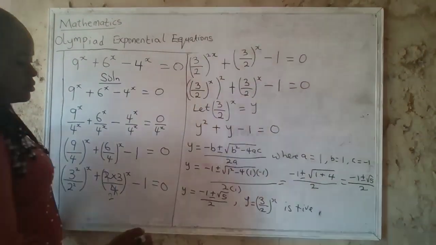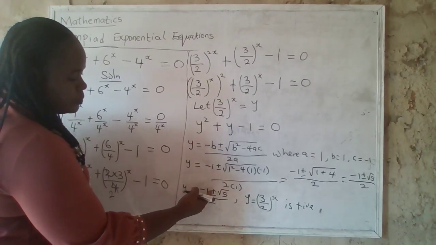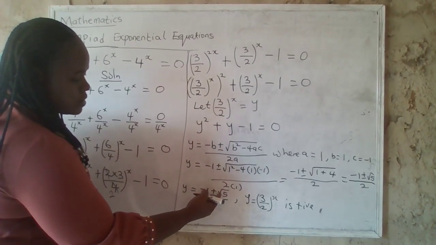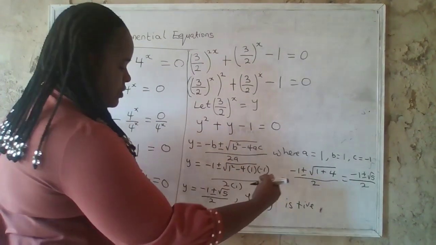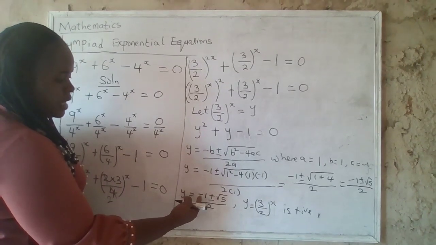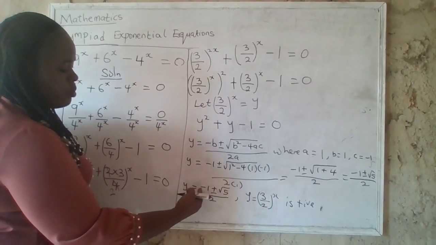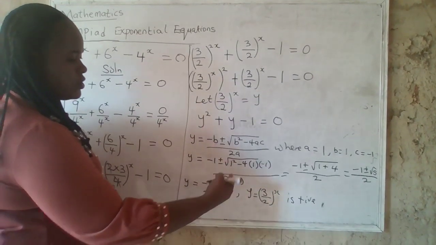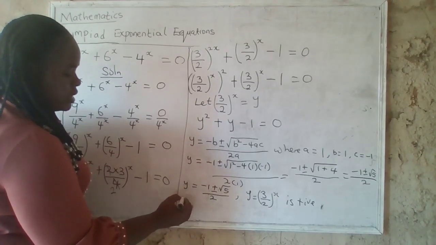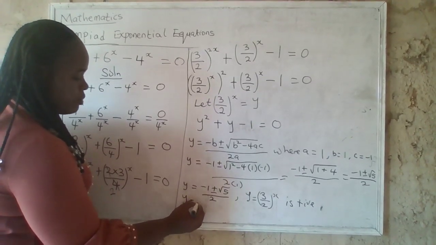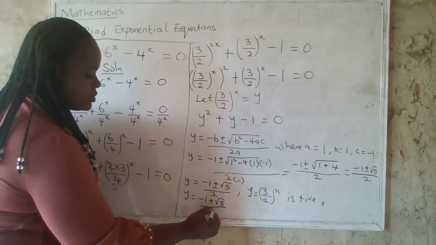Minus 1 plus root 5: root 5 should be around 2 point something, so minus 1 plus 2 point something should give us a positive value. But minus 1 minus 2 point something will give us minus 3 point something, so we will not use that. We go on to say that y is going to be minus 1 plus root 5 over 2.